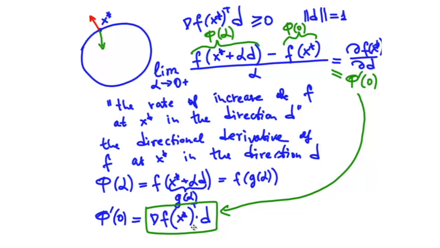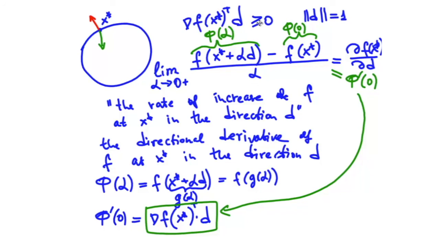Therefore, what this optimality condition essentially says is that the directional derivative of f at x star in any feasible direction d is non-negative. In other words, the rate of increase of the function f at x star in any feasible direction is greater than or equal to 0. A positive rate of increase means that the function is essentially increasing.